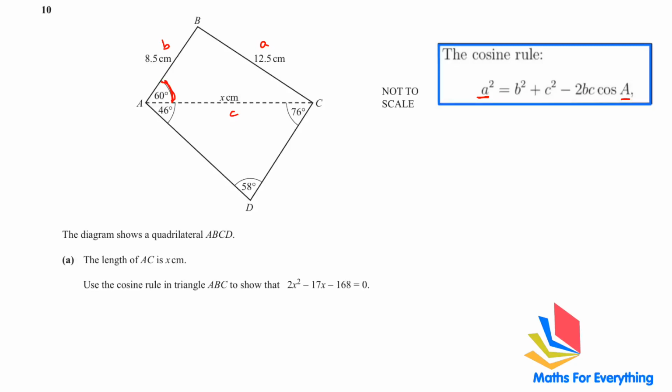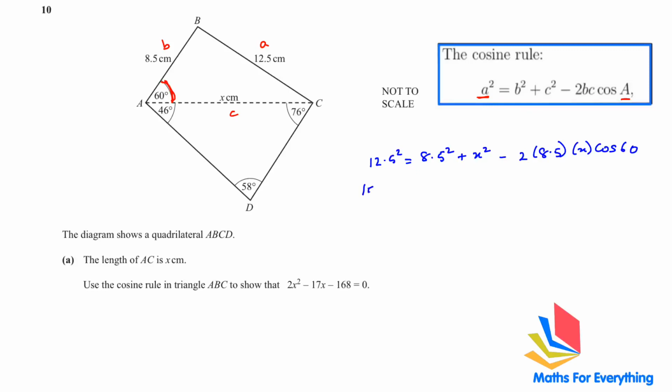So we are just going to replace everything that we have here now. 12.5 squared is equal to 8.5 squared plus x squared minus 2 multiplied by 8.5 multiplied by x multiplied by cos 60.